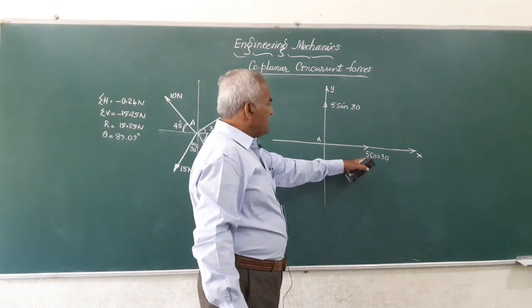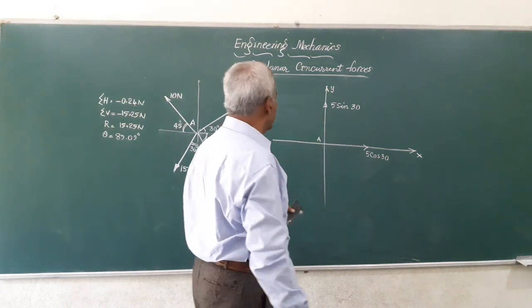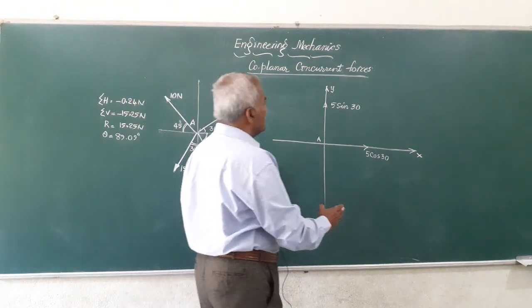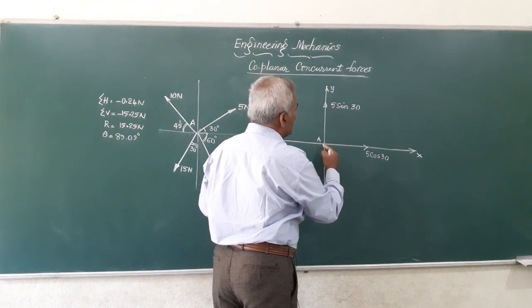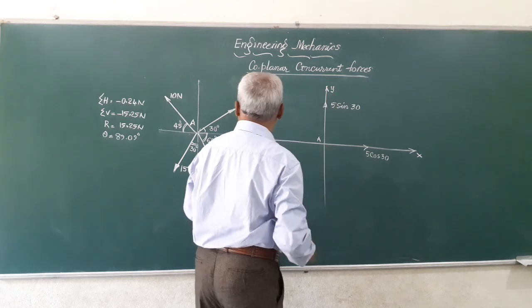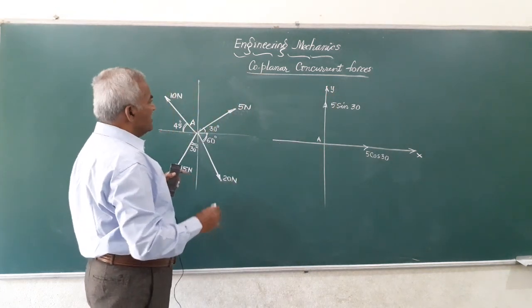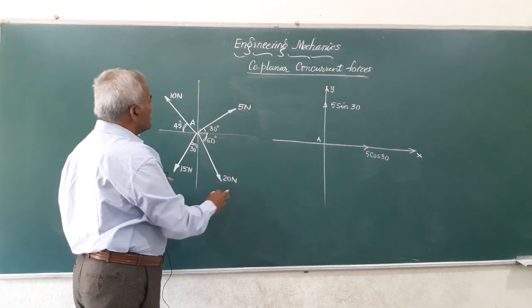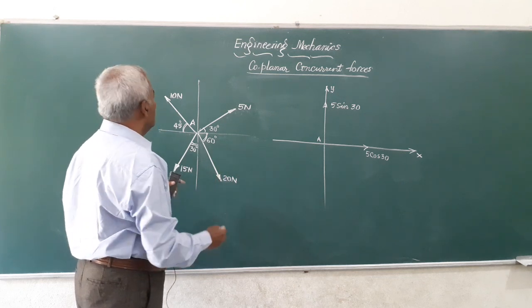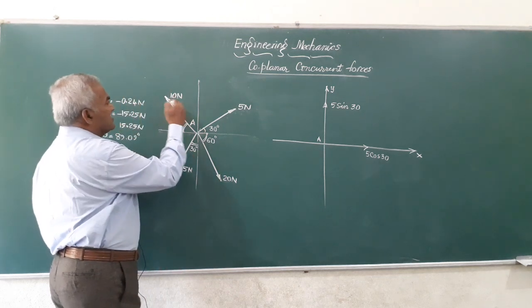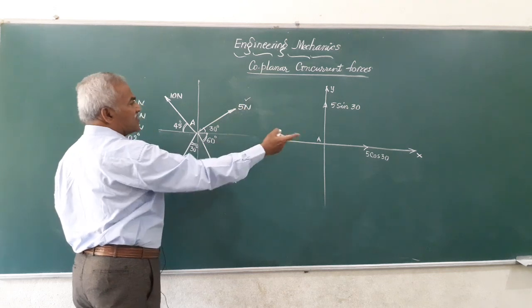One is 5 cos 30, other is 5 sin 30 in two mutual perpendicular directions, namely the x axis and the y axis. Likewise, friends, let us take all other forces one by one, resolve them. So, 10 Newton, if you take, this is over, I have got the components.